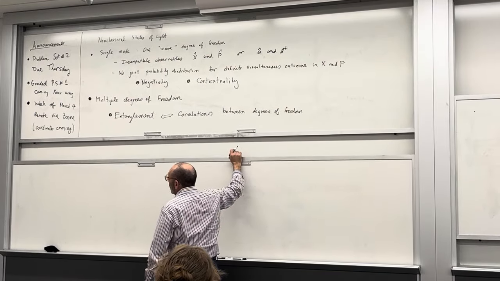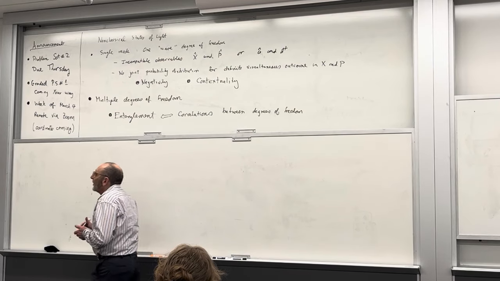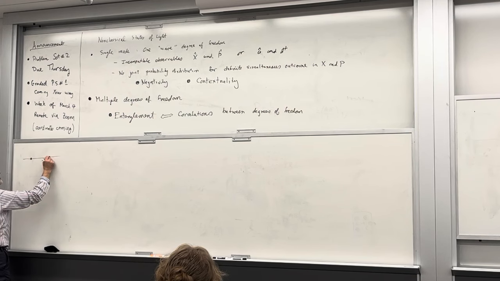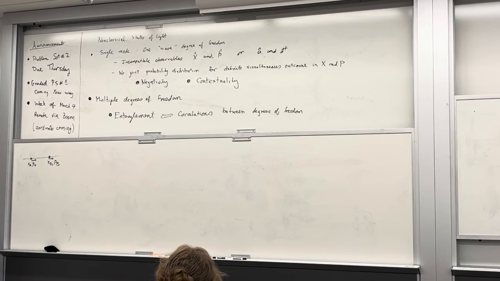And are those correlations that we see different from the kinds of correlations we see in classical statistical physics? So let's just think about the first example of just two degrees of freedom, thought about as two particles on a line, particle A and particle B, which has some position and momentum classically. Okay? So this is two degrees of freedom.